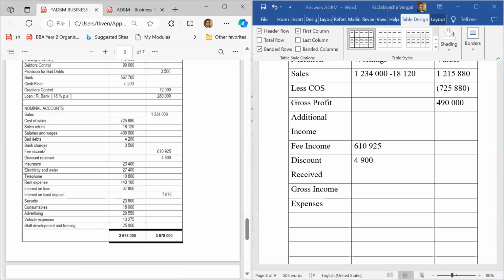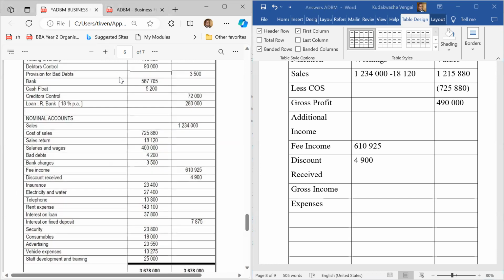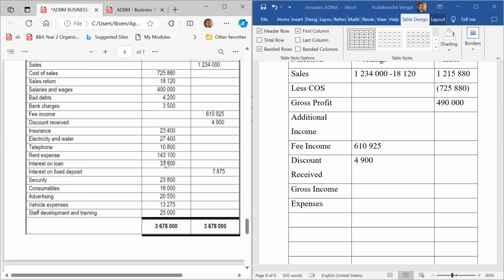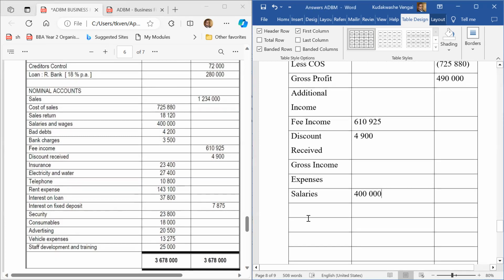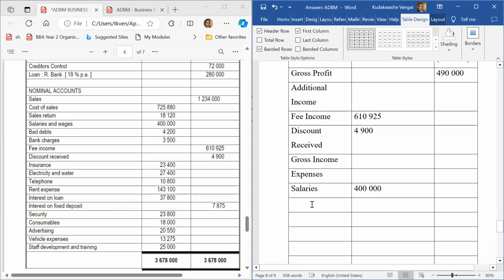So what type of expenses do we have for this organization? Let's increase it a little bit so that I can see. My eyes are not as good as they used to be. So under our expenses, we've got salaries, which is 400. I'm just putting them under workings for now, so that when we adjust, we can put the final figure. We've got bad debts, which is 42.